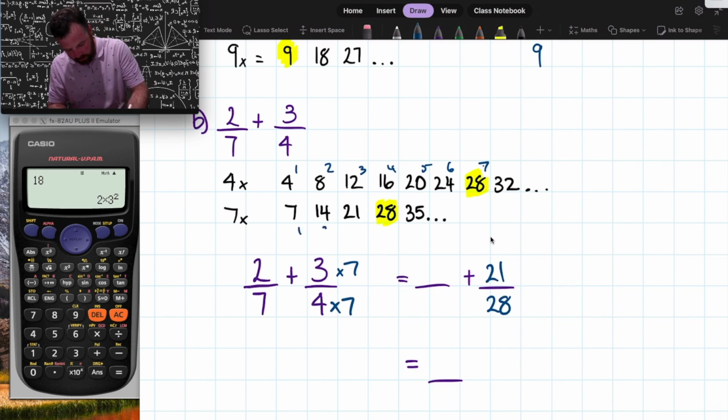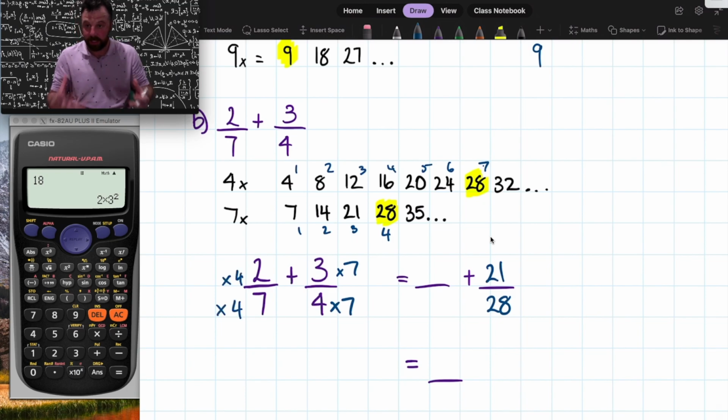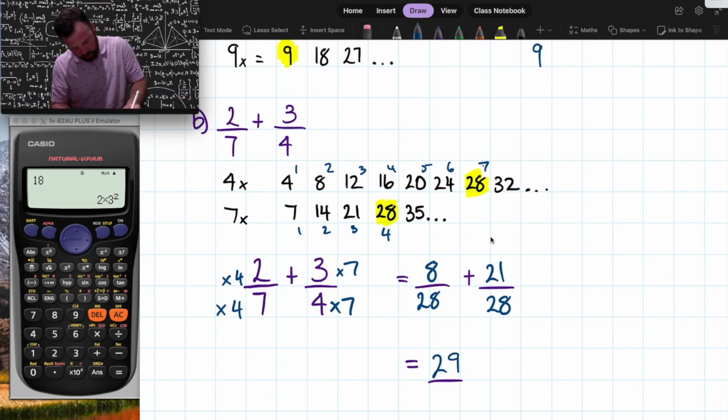So 1, 2, 3, 4. I multiplied by 4. So I multiply top and bottom to keep it the same by 4. 2 times 4 is 8. So we end up with 8 over 28. Now we add them together. 21 plus 8 is 29. So we end up with 29 over 28.